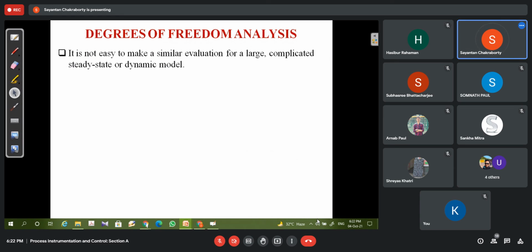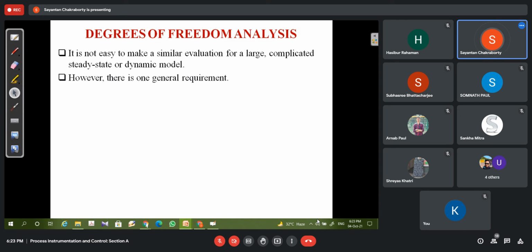Let us move on. So, this is easy to arrive at by this logic for a simple equation like y equal to Ax. But for a complex system where the number of equations is very, very large and they have a very complicated model, it is not that easy to make a similar evaluation. So we have to go for another mode of analysis, and that is called the degrees of freedom analysis.